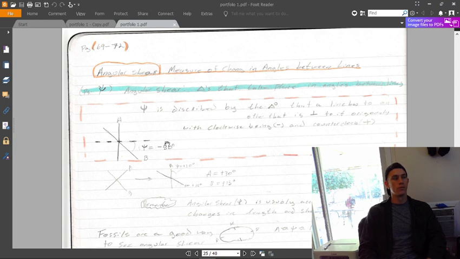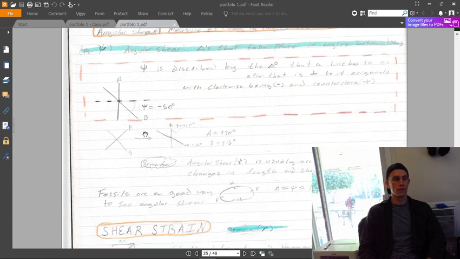When we do angular shear, clockwise is negative and counterclockwise is positive. So from horizontal, this line has an angular shear of negative 50 degrees.